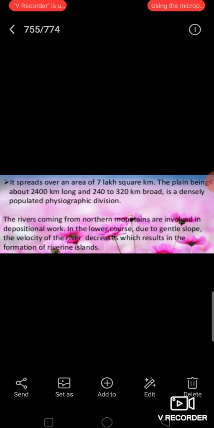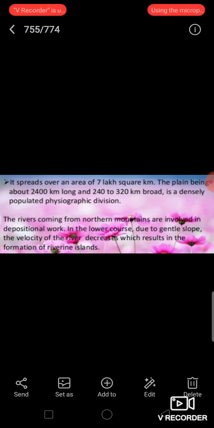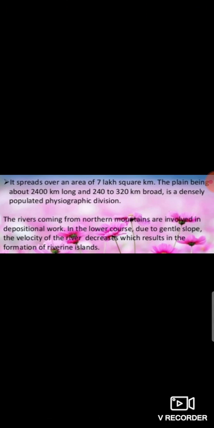The plain, being about 2,400 kilometer long and 240 to 320 kilometer broad, is a densely populated physiographic division. Now, students, the rivers coming from northern mountains are involved in depositional work.